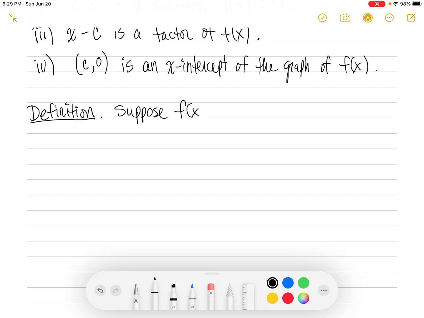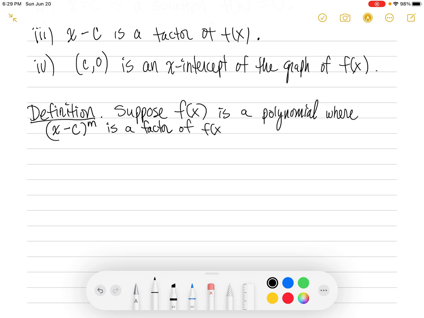Suppose I take a polynomial function, f of x, where x minus c to the m power is a factor of f of x, and x minus c to the m plus 1 power is not a factor of f of x.